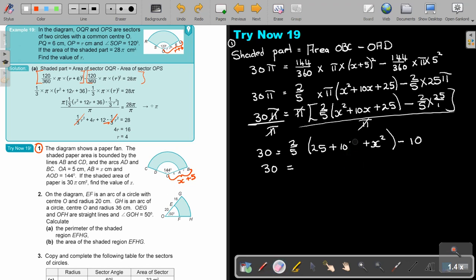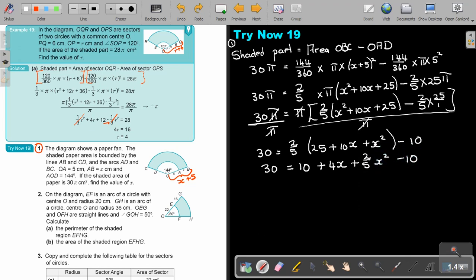Why did I make it a pi? It should have been an x. So if I simplify this, 2 over 5 times 10x is going to be 4x, plus 2 over 5 x squared, minus 10. I think I'm taking a long road.